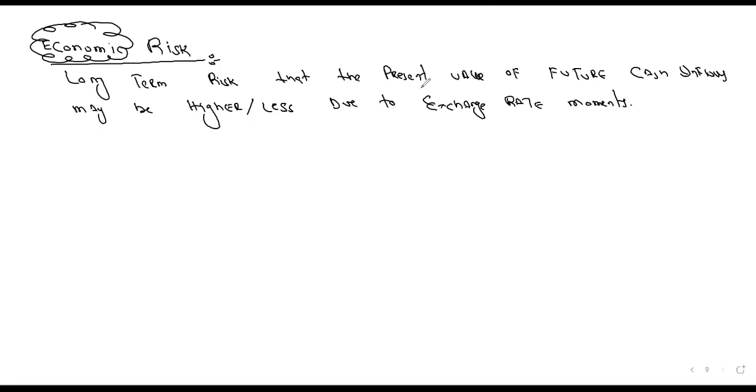The calculation of this economic risk is not part of our course, but the examiner can ask 2 or 3 lines. So you will tell the examiner that economic risk is a long-term risk. This cannot be hedged using derivatives.